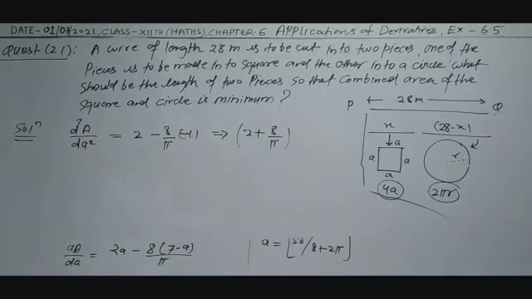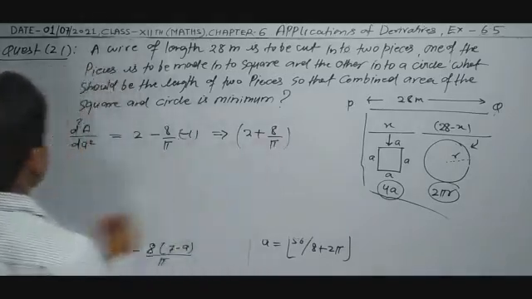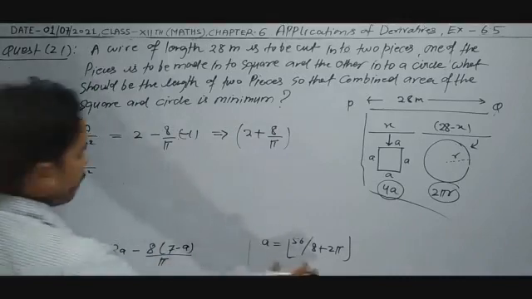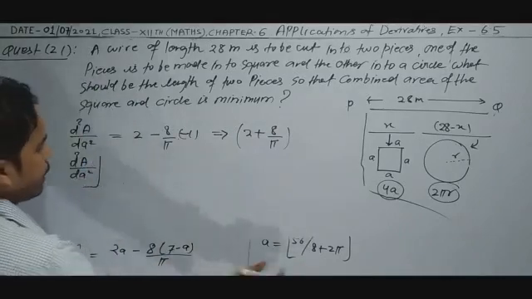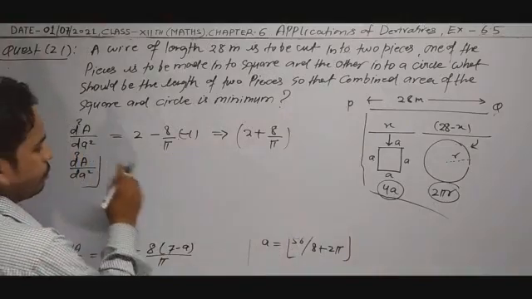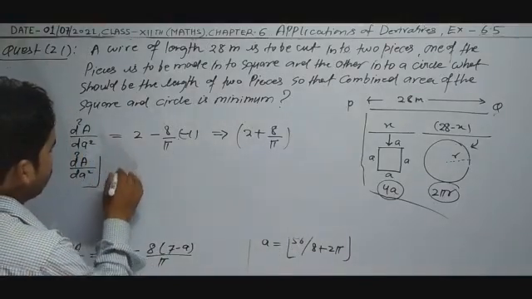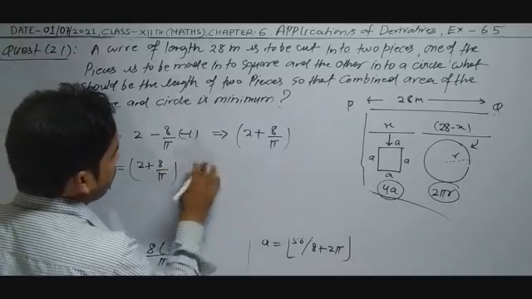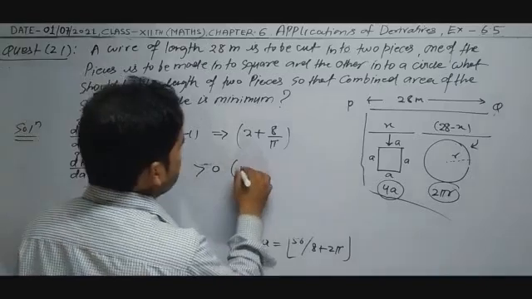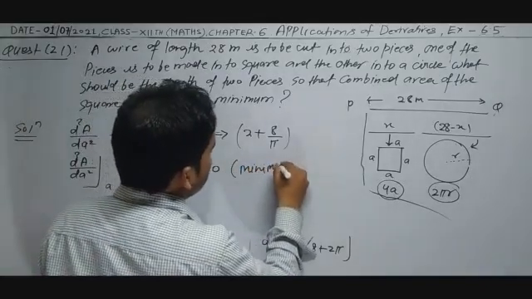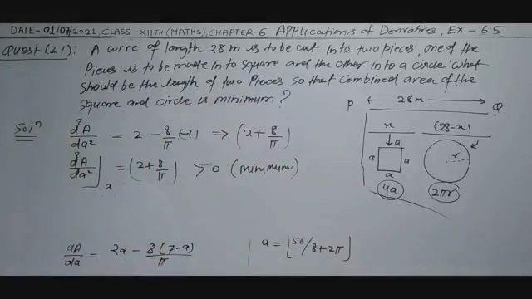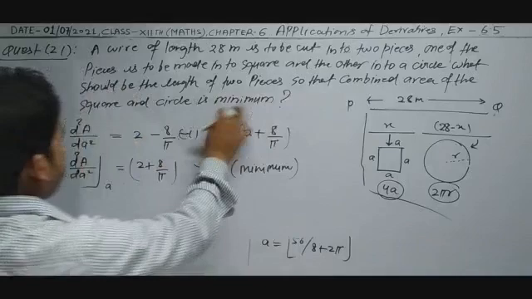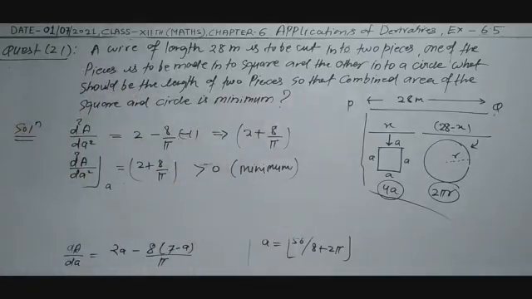Now the second derivative result is positive. So d2A upon da squared at this value of a is the same, 2 plus 8 upon pi. This result is greater than 0, and greater than 0 means minimum. This is the minimum area, and in this question we have to show the combined area of a circle and square is minimum.